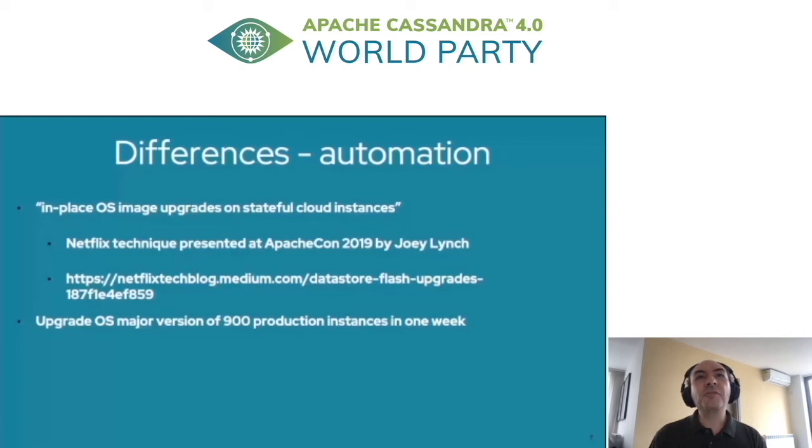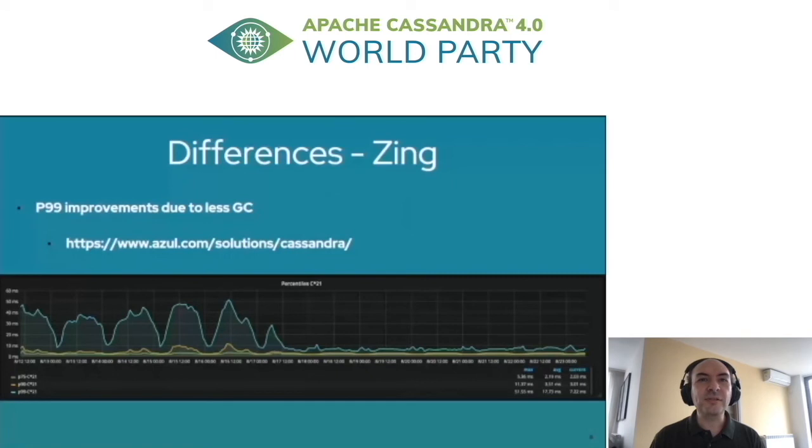Another difference, we are not using Oracle or open source Java. We are using the Azul Java runtime engine, with the Zing garbage collection. It helps a lot, as you can see in the graph, with the 99.9 response times, and we switched 4 or 5 years ago, and it's been just great. You can see more details in the link there.